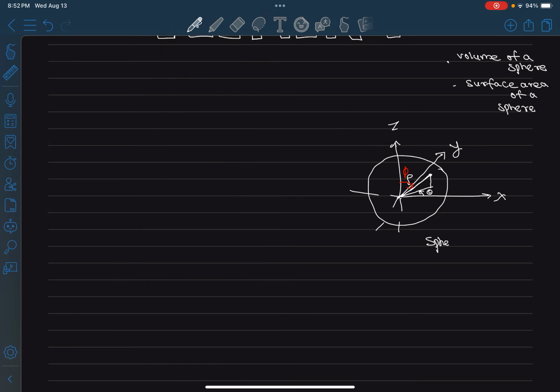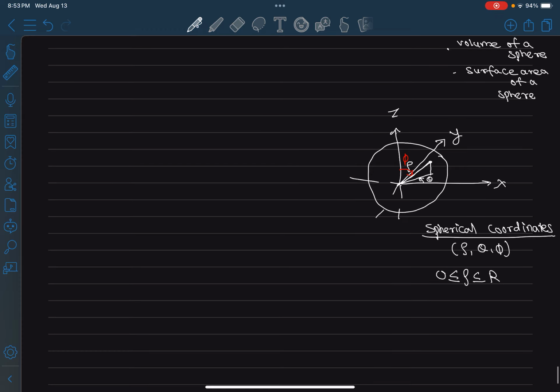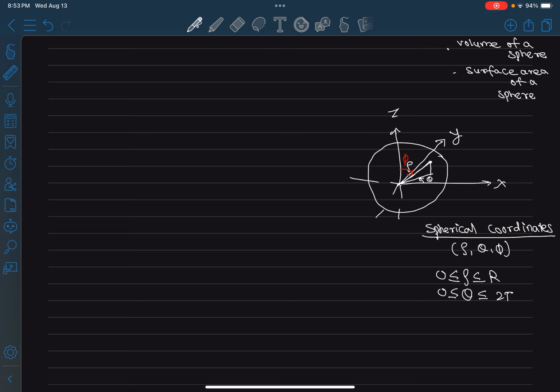So in the spherical coordinate system, any point inside this sphere can be located by these three coordinates, rho, theta, and phi, where rho can go from 0 to the radius of the sphere R, and theta can go from 0 to 2 pi, this whole angle, and phi can go from 0 to pi.